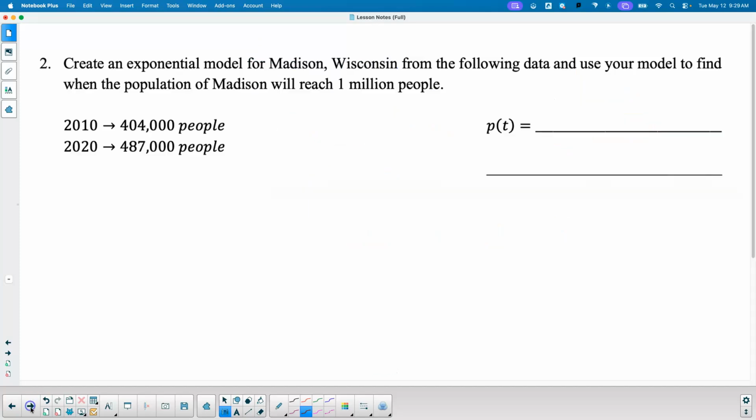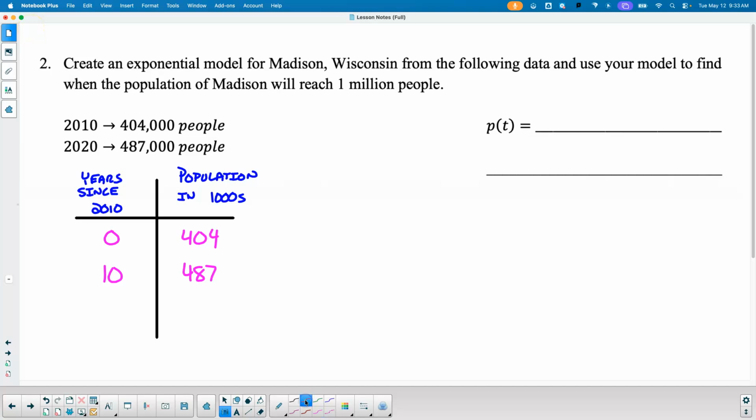What I would like you to now figure out is when the population of Madison will reach 1 million people. Go. So my A value is going to be 404 because it happened when my X value is 0. So then we've got 487 equals 404 times b to the 10th power.